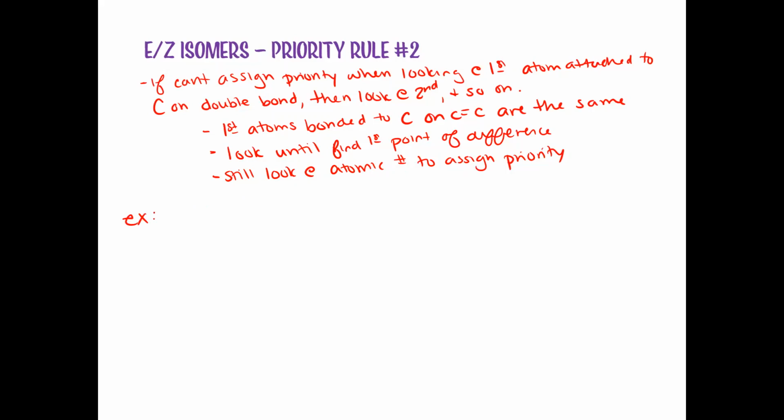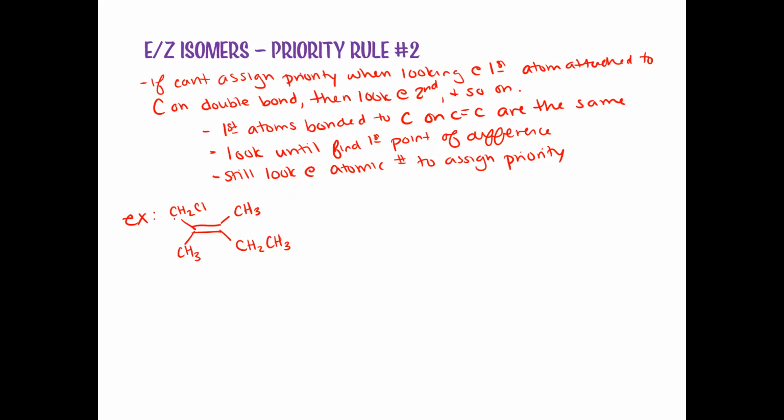So for example, we have this double bond. Carbon 1 has a CH2Cl group on it, and the bottom has a CH3. Carbon number 2 has a CH3 group coming off the top and a CH2CH3 group. The first thing we're going to do is look at how they are structured.